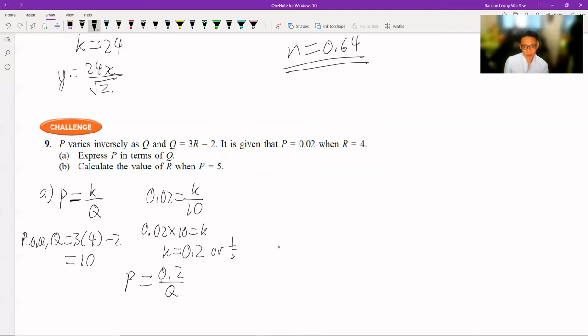If 1 over 5 works, I can also put 1 over 5 cubed. That would be correct as well. This and this are both correct answers.